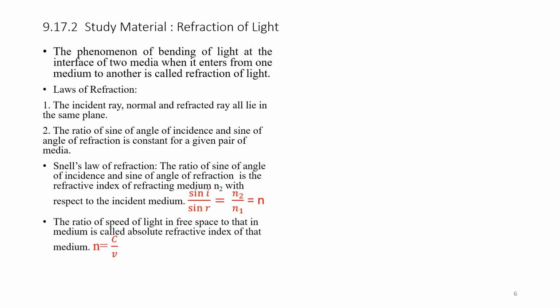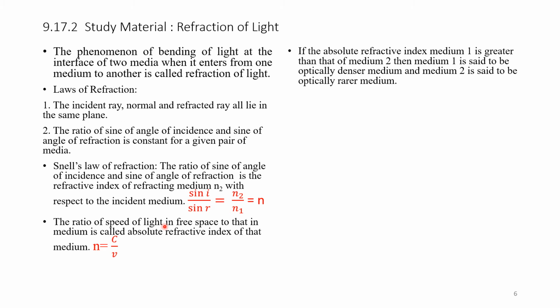The ratio of the speed of light in free space to that in a medium is called the absolute refractive index. Please note, absolute refractive index is given by n = c/v, where n is the absolute refractive index, c is the velocity of light in free space, and v is the speed of light in that medium.